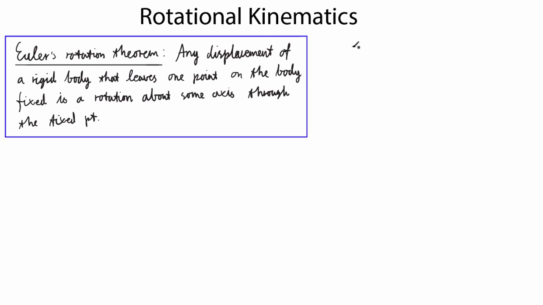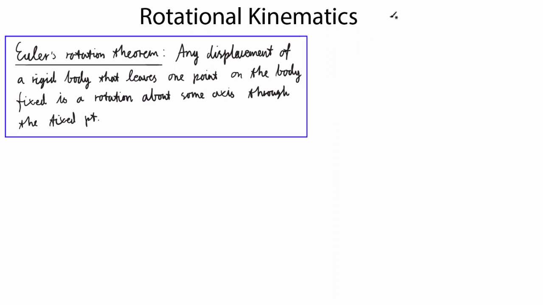In other words, if you take some object and handle it and place it in such a way that at least one point of the body didn't move, then whatever you did to it can be described as a rotation around some axis through that point. That is surprisingly involved to actually prove, so I'm not going to do that here, but it is pretty intuitive.